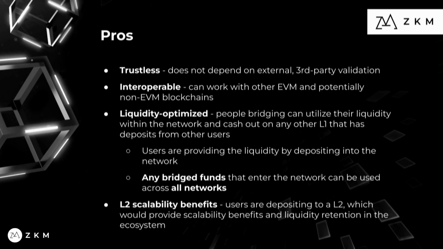Next is that it's liquidity optimized, right? I don't have to depend on a bunch of VCs with a large liquidity pool to provide liquidity for every single chain that we're going to integrate. Instead, I'm using the liquidity from the people that have already deposited to the L2 or to the L1.